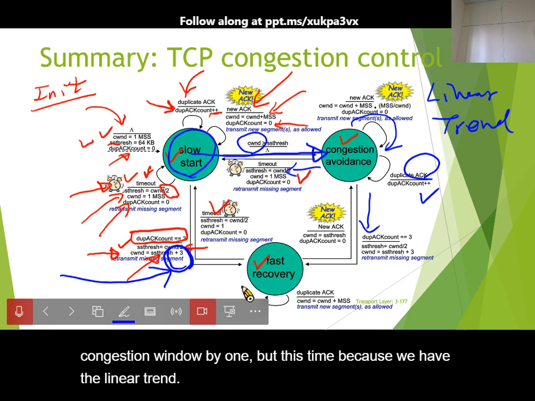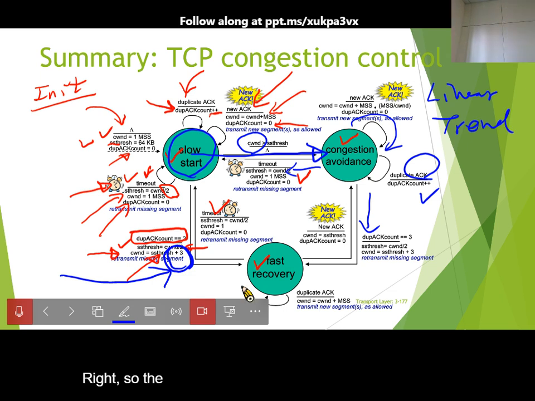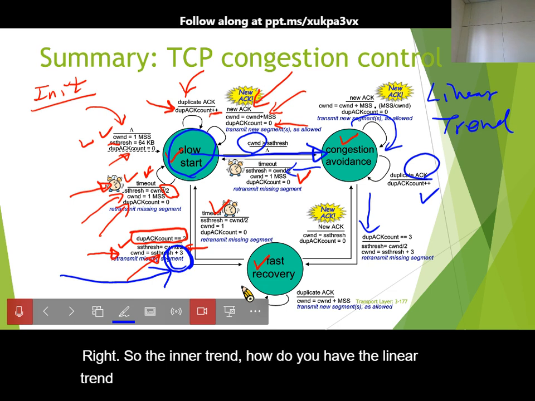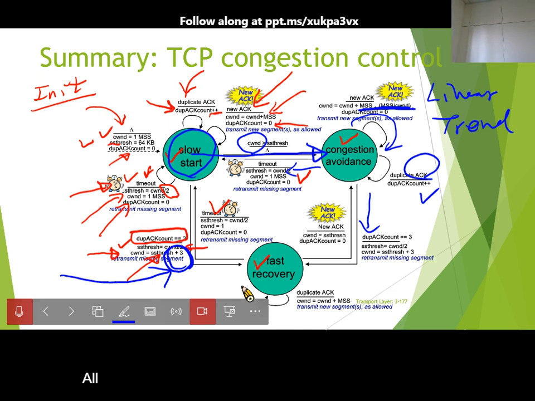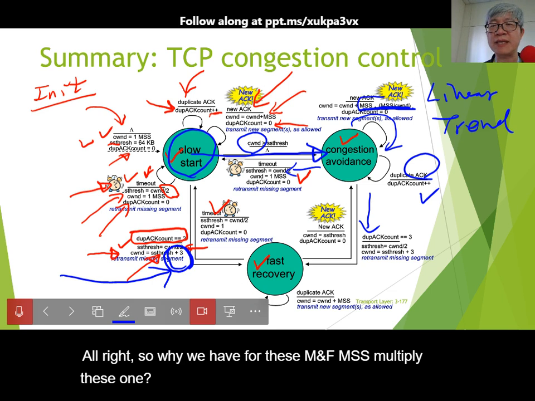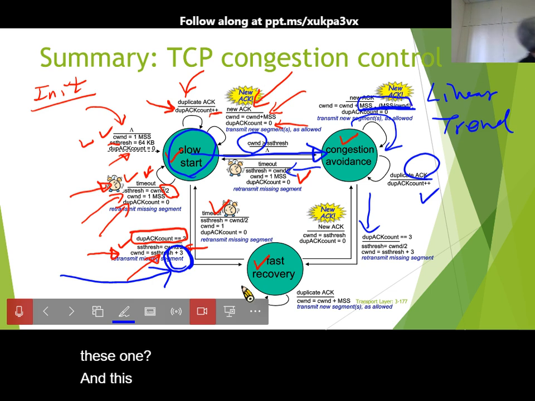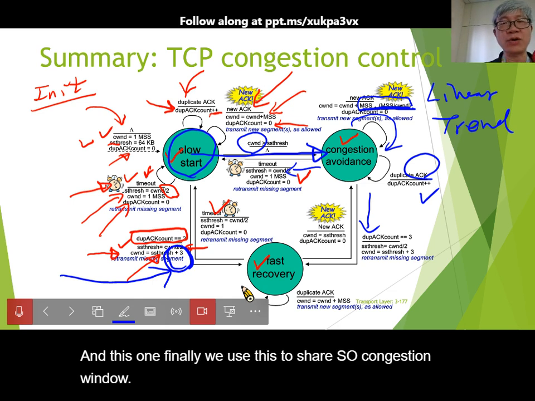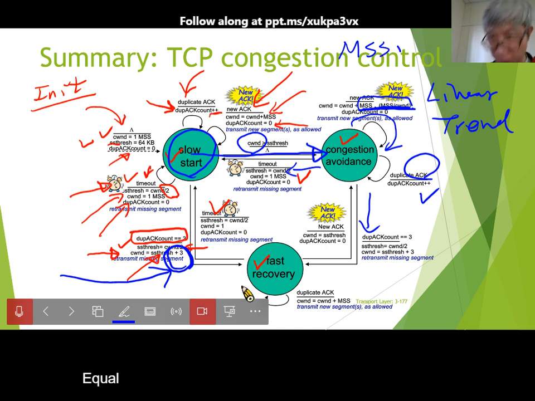Right? So linear trend. How do we have the linear trend this way? Alright, so why do we have these? MSS multiplied by this one. And this one, finally, we use this to share. So congestion window equal to MSS multiplied by this.